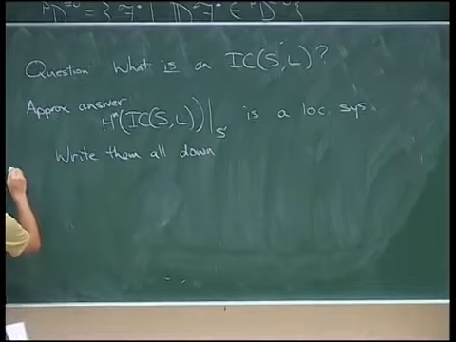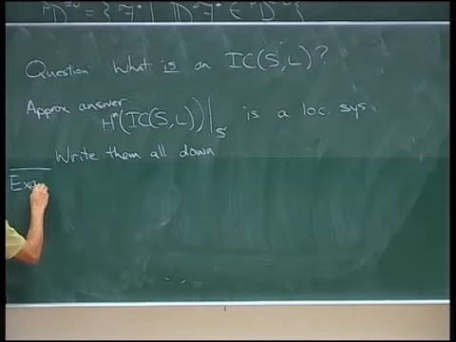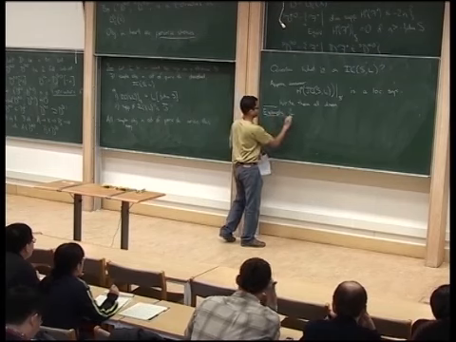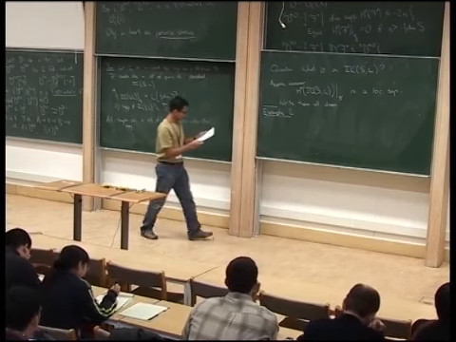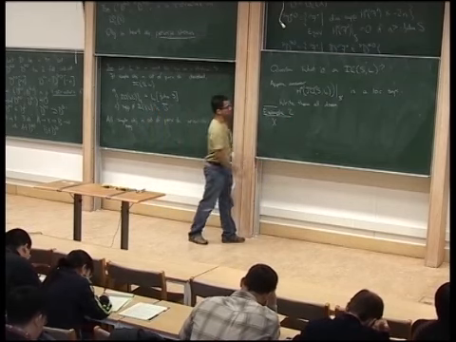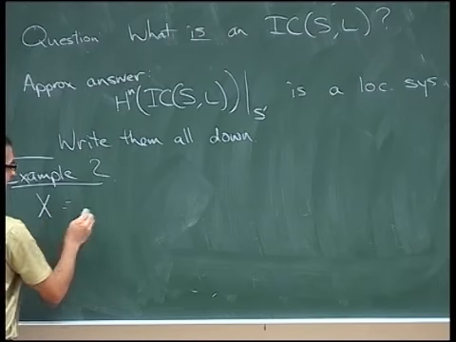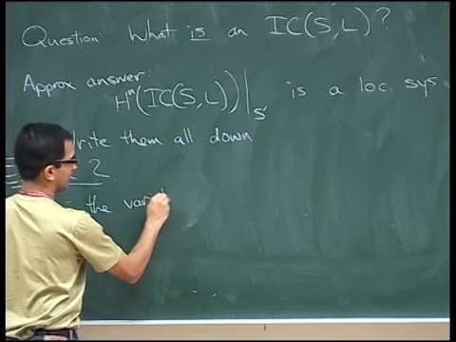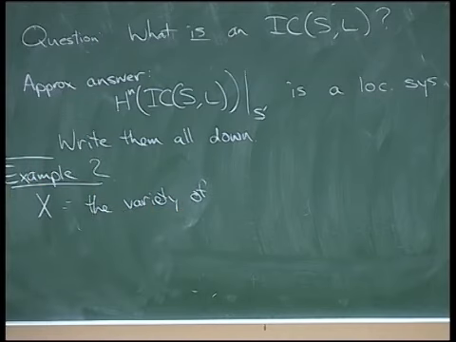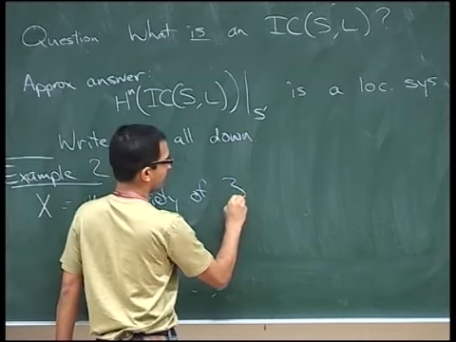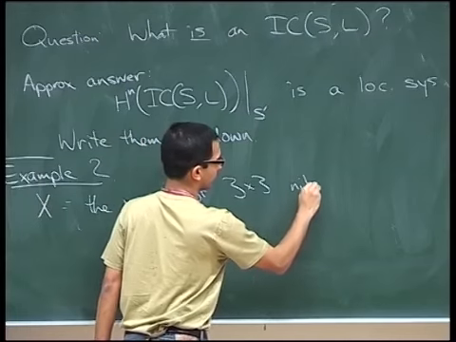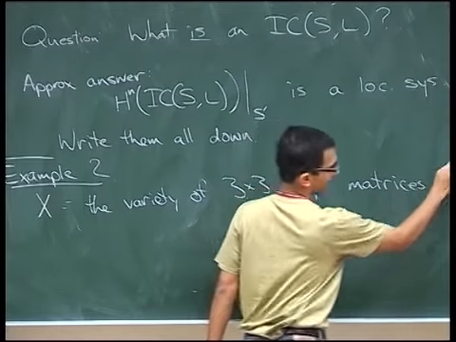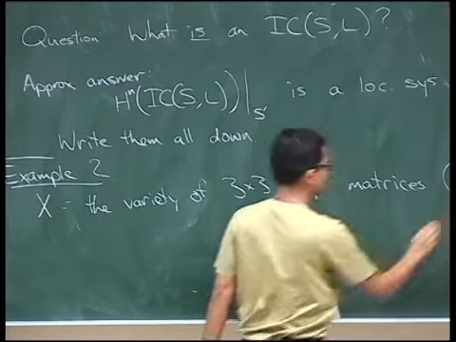Okay, so here's an example. I guess I'm on number 2. Example 2. So X now is going to be the following topological space. X is going to be the variety of 3 by 3 nilpotent matrices. And all of this is over the complex numbers.